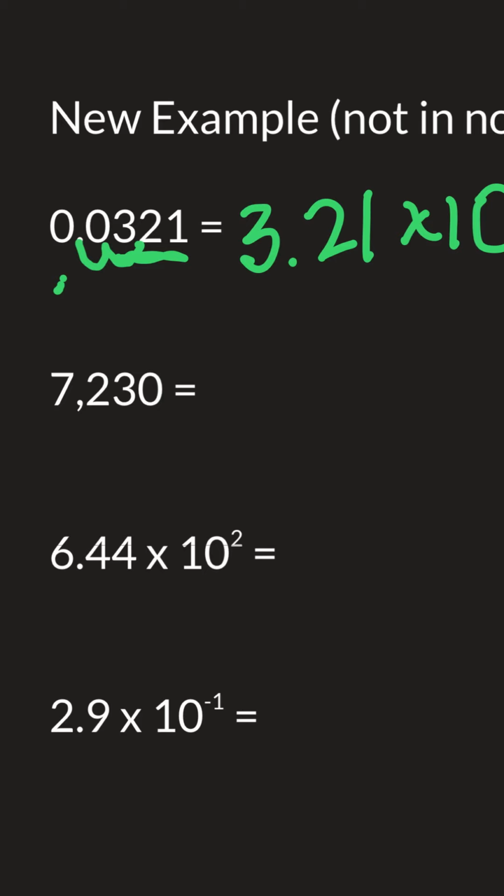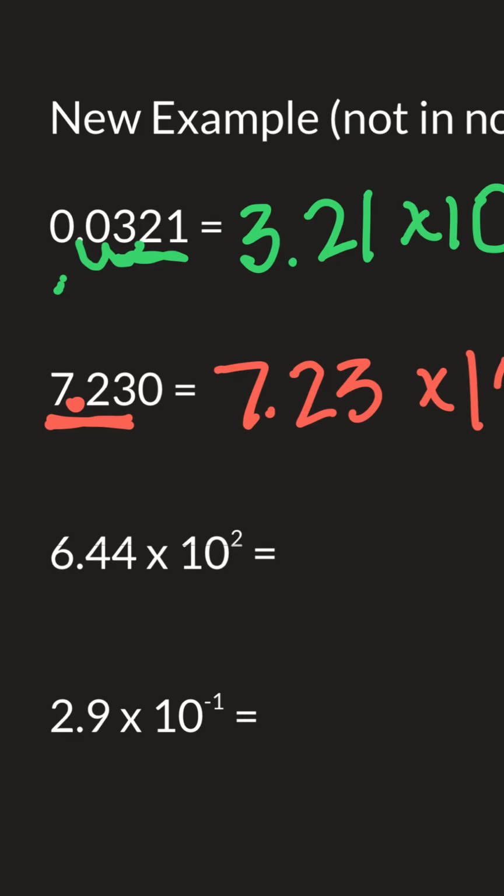The next number is greater than 1, so we're going to have a positive exponent. So again, here are my non-zero numbers. I'm going to put the decimal here, so we have 7.23. Now, how many jumps over? 1, 2, 3. So because it's greater than 1, we keep it at a positive 3. All right, same with the next one.